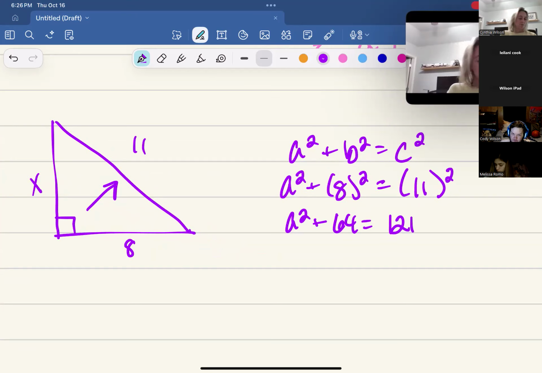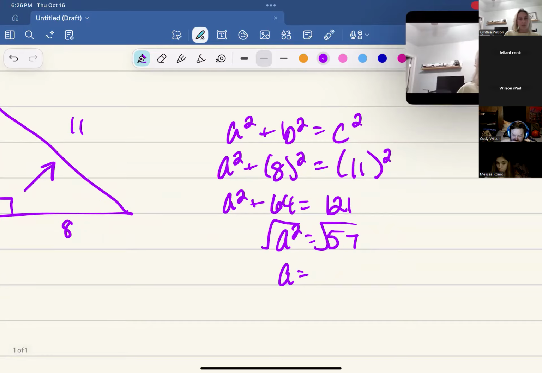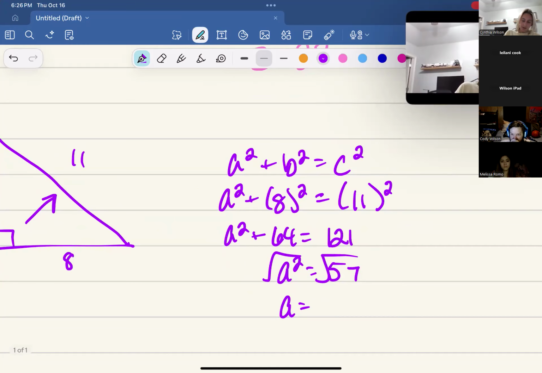Then you want to subtract, and then take the square root. 57 is not a perfect square, and to my knowledge, it can't be divided by any other square. So then A, that missing side, X, is just the square root of 57.